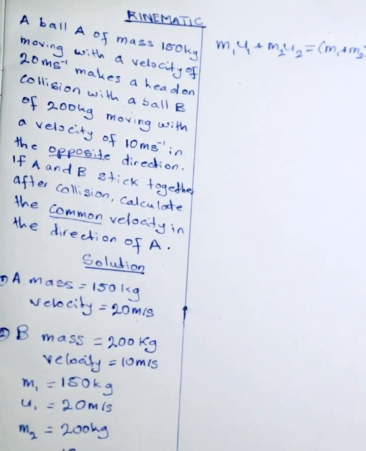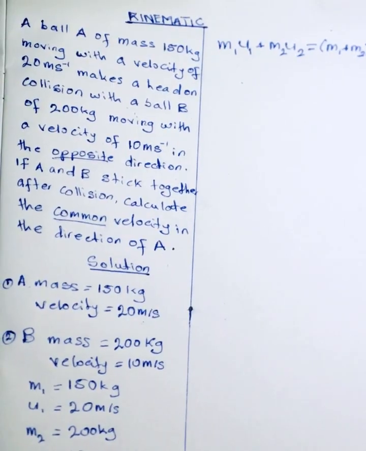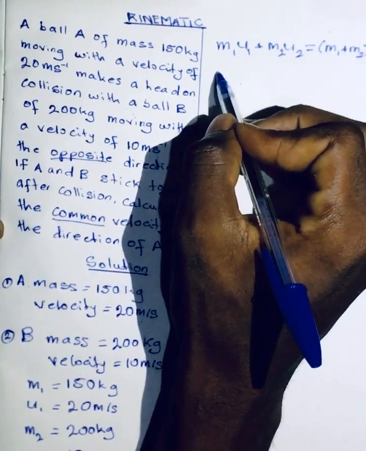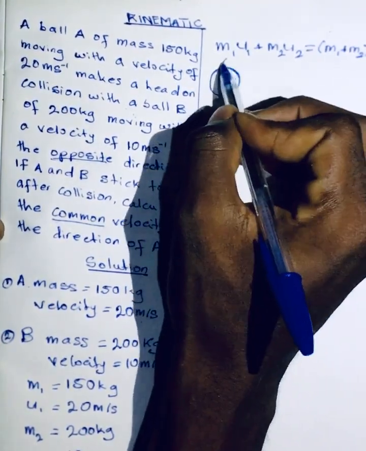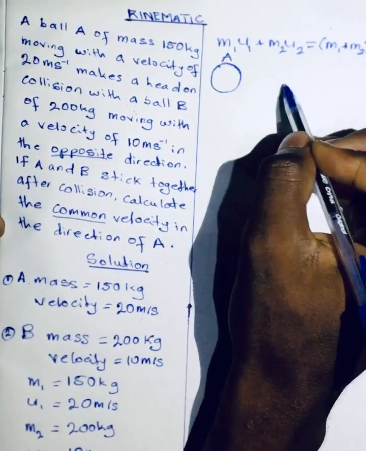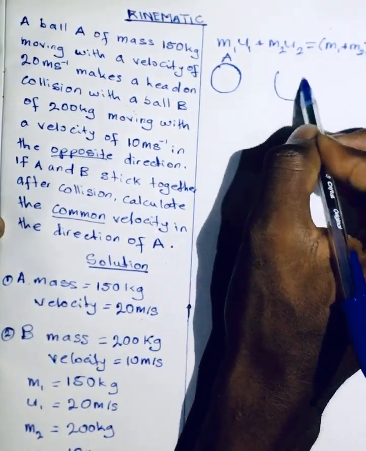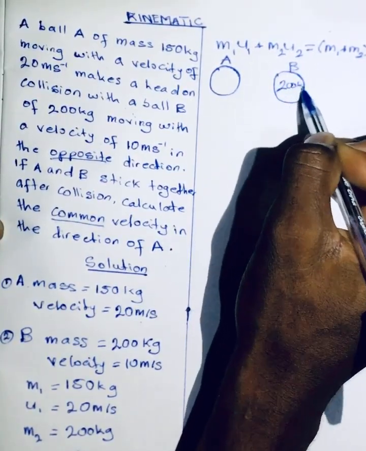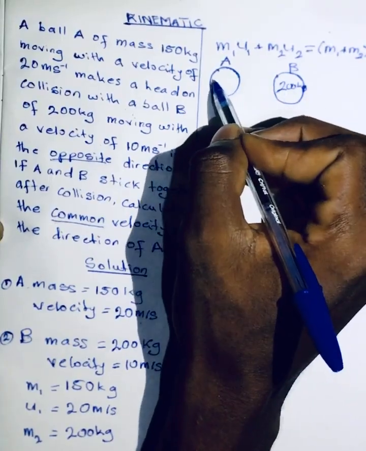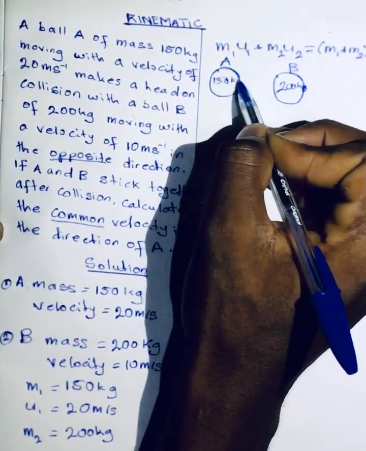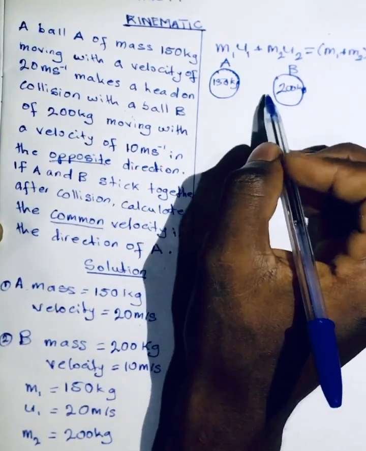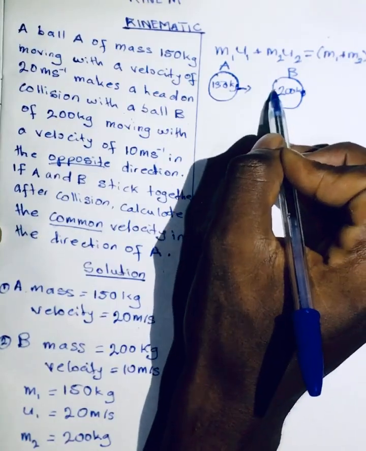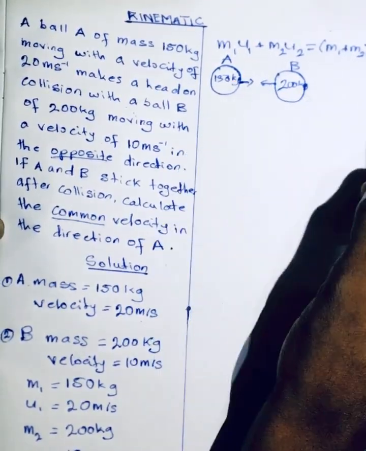So let's take a look at the diagram carefully. Let's say this is body A, this is B. This is the 200 kg, and this one is the 150 kg ball. Body A is moving in this direction, and the other is moving in the opposite direction.